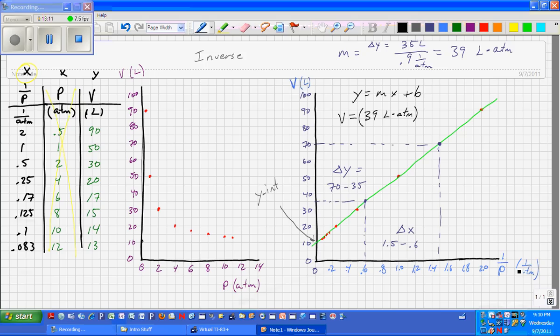Times x, but my x-axis is 1 over pressure, plus my y-intercept, which is about 10, and that's in liters. So this right here is the equation that relates this data.